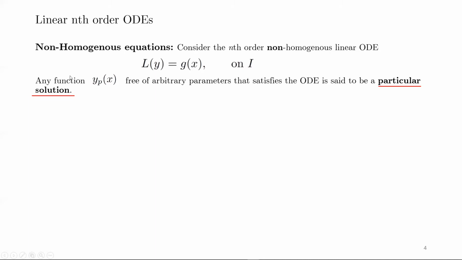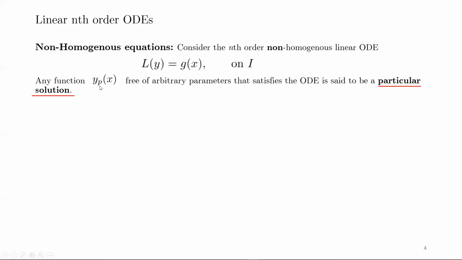Okay, so any function which we're going to call y of p, y sub p, still a function of x, any function that is free of arbitrary parameters, so it doesn't have any constants in it that we don't know, that satisfies this non-homogeneous ODE, is said to be a particular solution to this ODE.